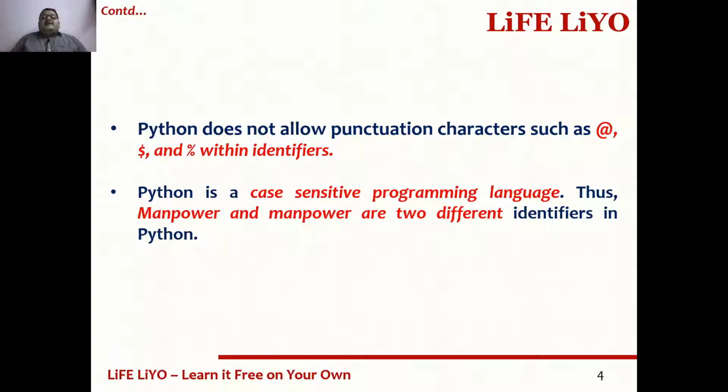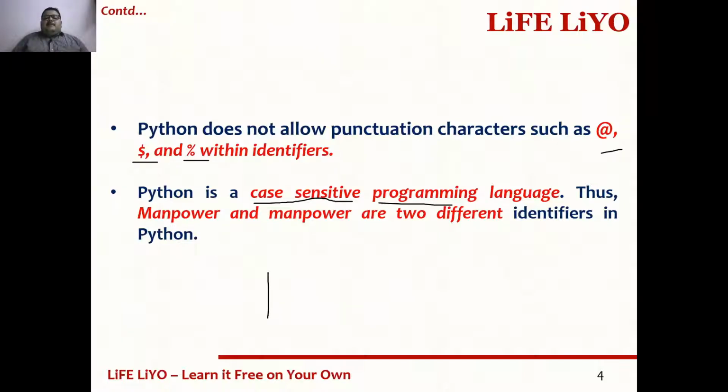Next, Python doesn't allow any special characters such as @, $ and % in identifiers. Also, in the previous session you learned the features of Python, and one of the most important features is that Python is a case sensitive language. What does case sensitive mean?